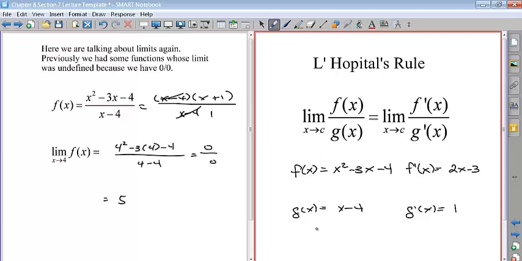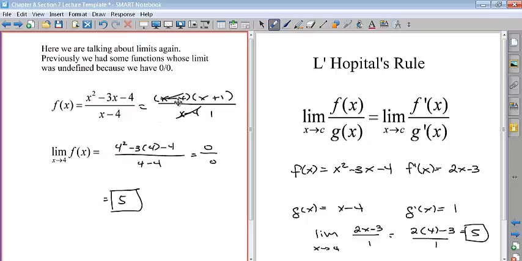So that says that the limit of the original function as x approaches 4 is the same as the limit as x approaches 4 of the ratio of the first derivatives. And this is not going to be indeterminate, so I just plug the number in. So I'll have 2 times 4 minus 3 divided by 1, which is 8 minus 3, which is 5. So you see I get the same answer.